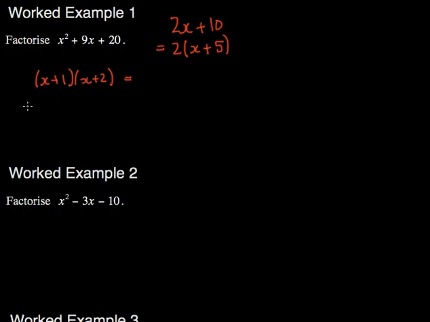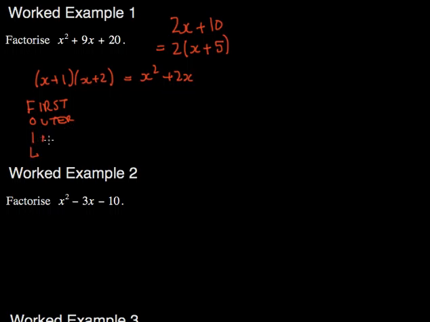If I were to employ the FOIL method, which is the first term multiplied by the first term, is x squared. So that's the first. The O stands for outer, so it's the outer term here times the outer term here, which is plus 2x. That's outer.